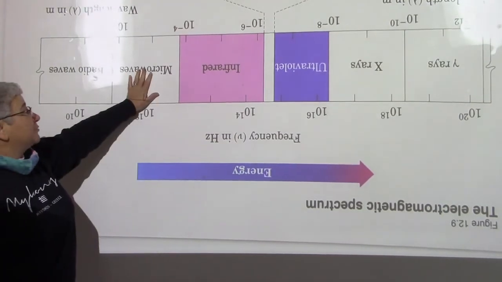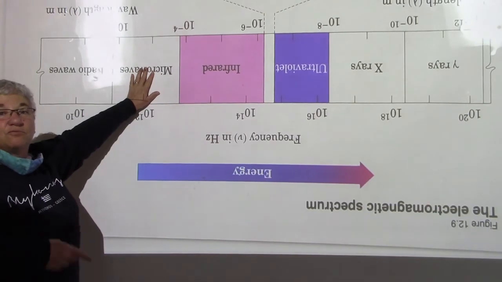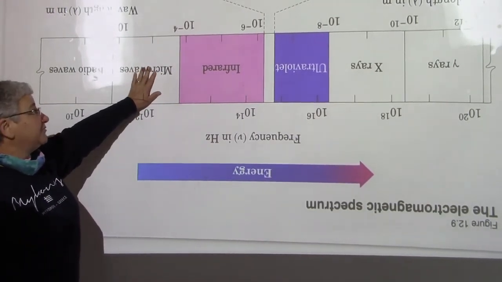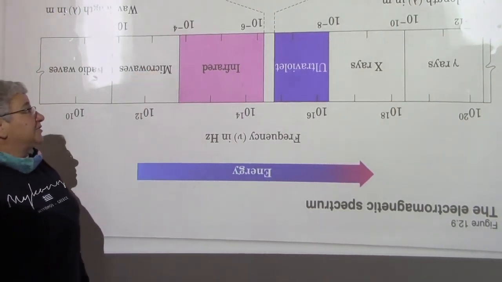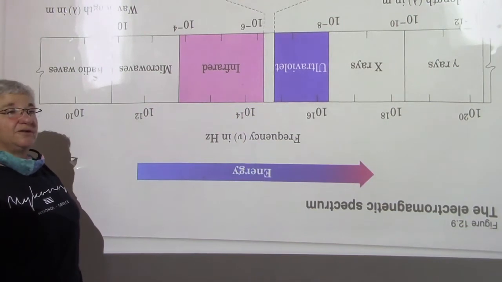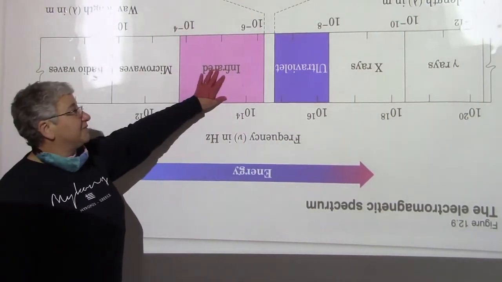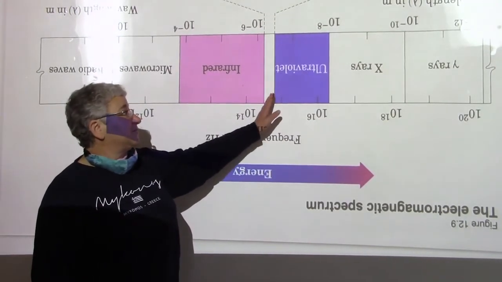The next highest waves are our microwaves. Again, that has to do with rotation of bonds, and that's what cooks our food, particularly rotation of the polar HO bond in water. And then next we have infrared, which we'll talk about. Then you have the visible light spectrum in here.